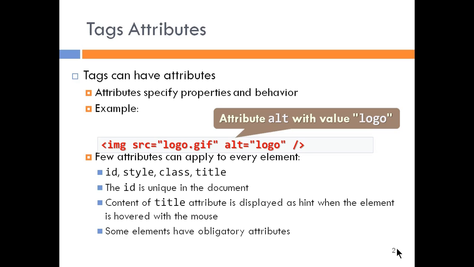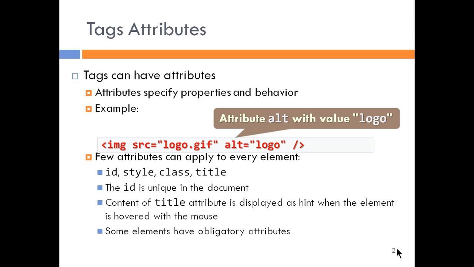So the value of attribute ALT is logo, and the value of attribute SRC is logo.gif. So these are some of the attributes. Now these are giving some property and behavior to the image.